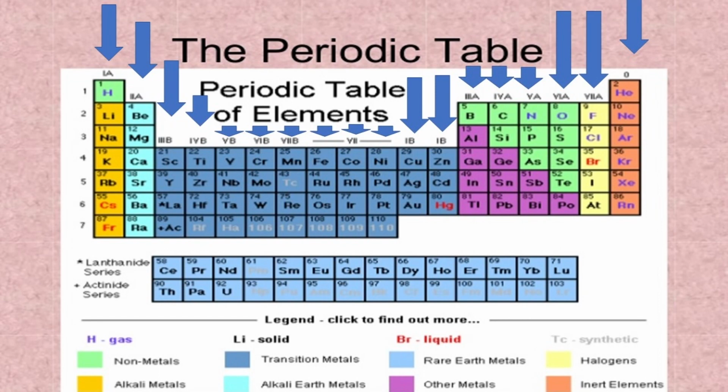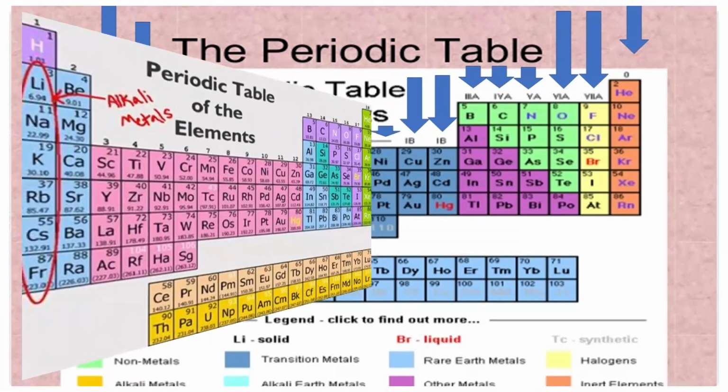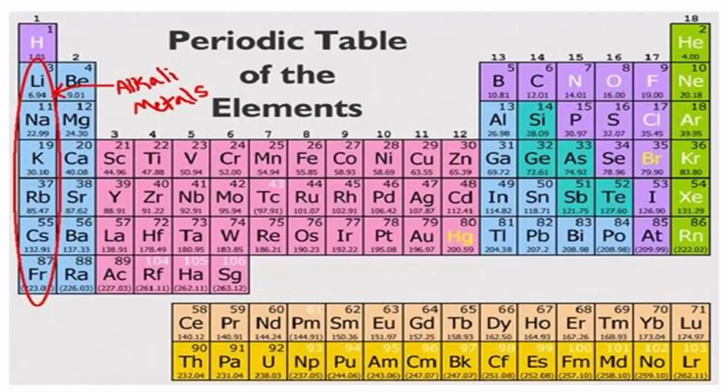The first group name is alkali metals. What is the name of the first group? Yes, alkali metals. What is the meaning of alkali? Let me explain the meaning. The alkali metals are basic in nature. What is the meaning of basic? You have studied in your lower classes, yes? Basic means having the characteristics of a base.